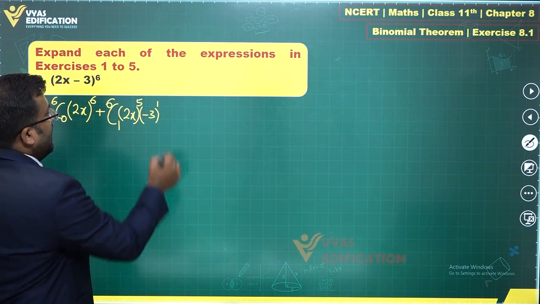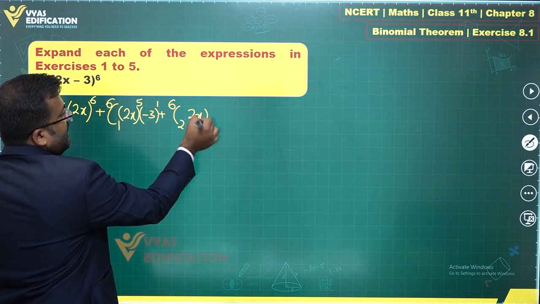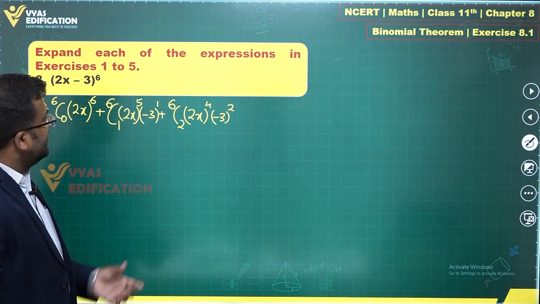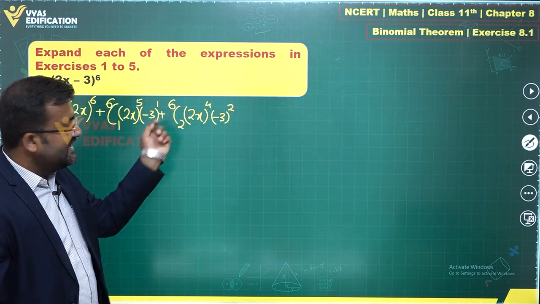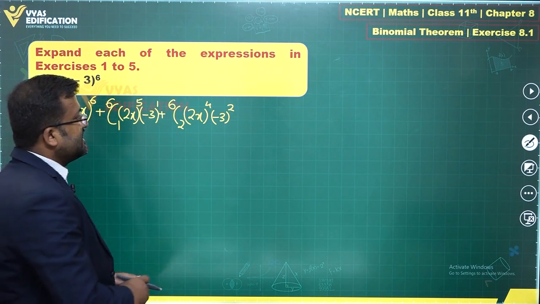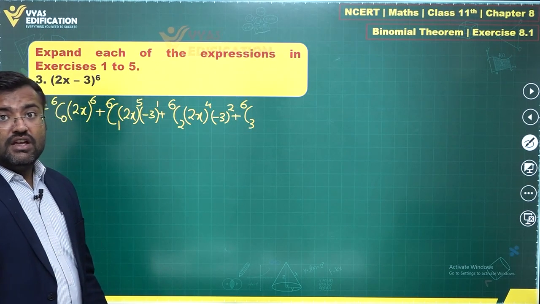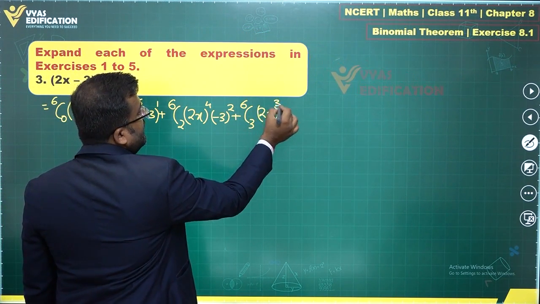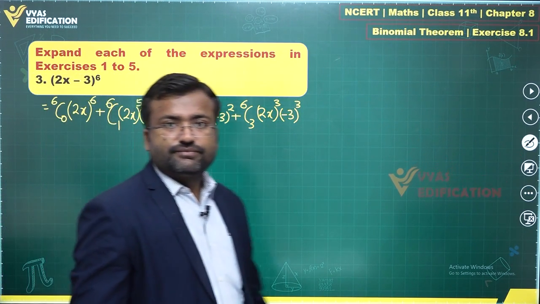Okay. Then you have 6c2, 2x power 4 minus 3 power 2. Observe carefully that the power of 2x has reduced by 1, power of minus 3 is increased by 1. After that you will have 6c3. Now what will that have? 2x power 3 minus 3 power 3, this will be there in 6c3.